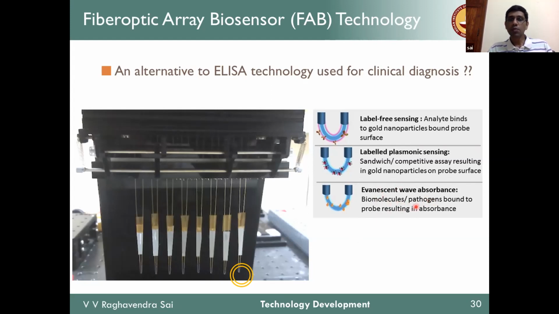So one can monitor binding of biomolecules, or if the pathogens or bacteria or the cells, if there is any colorimetric change that is happening, that can be detected using these probes without use of SPR or interference phenomena.